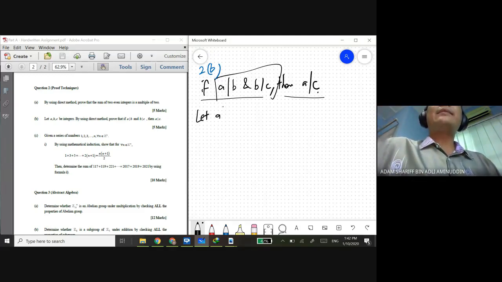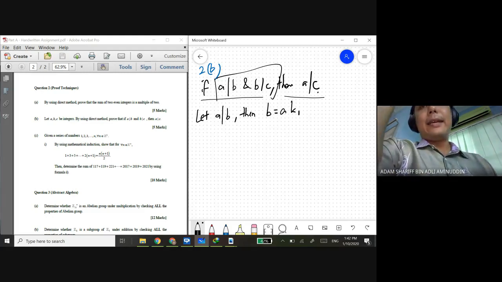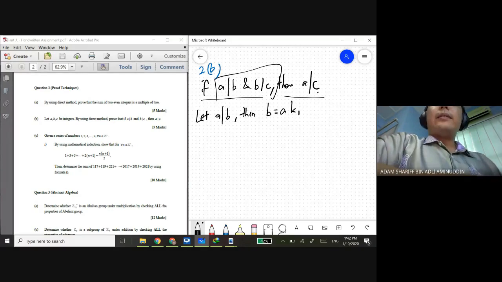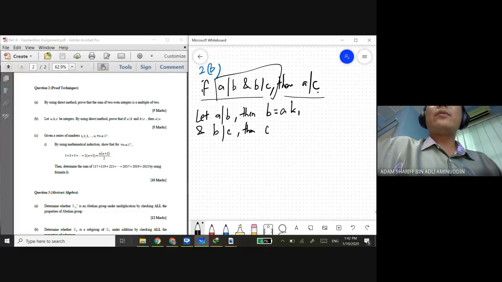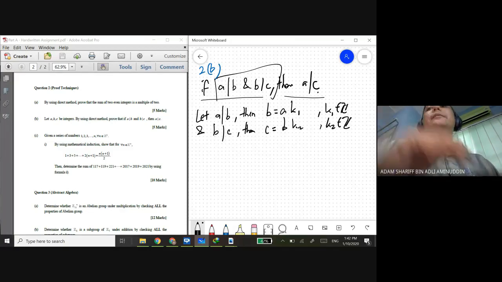Let A be a factor of B, then B equals A K1, which I get from the definition of divisibility. And also I let B be a factor of C, which means that C equals B K2. This K1 is an integer, and this K2 is also an integer.